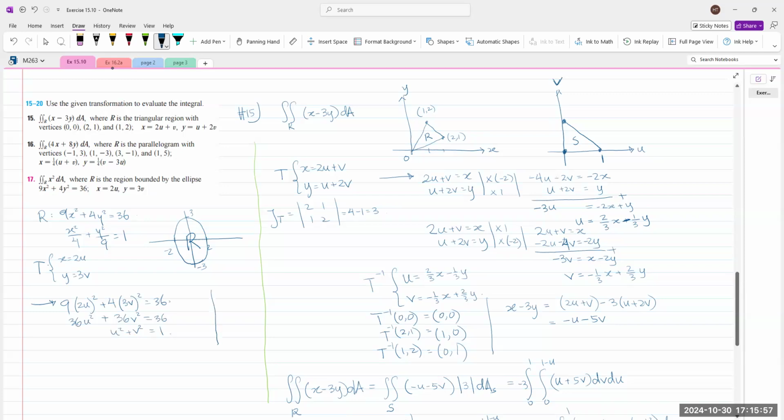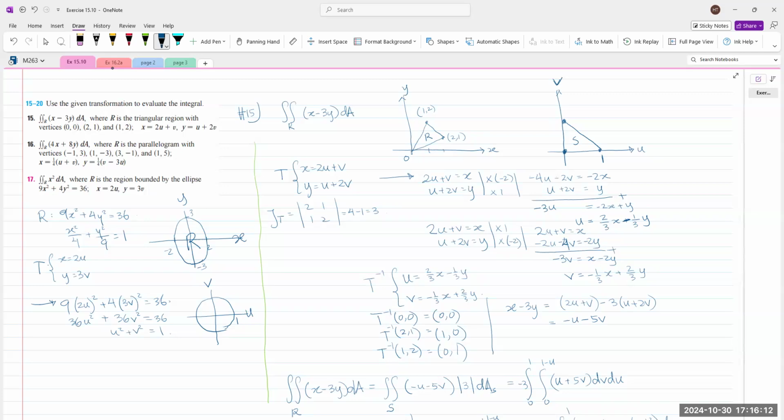So the boundary of the new one is a unit circle in uv. If this is in xy, this is in uv.